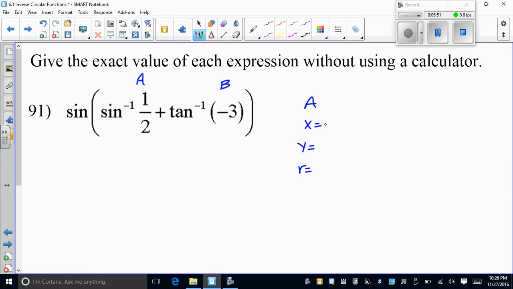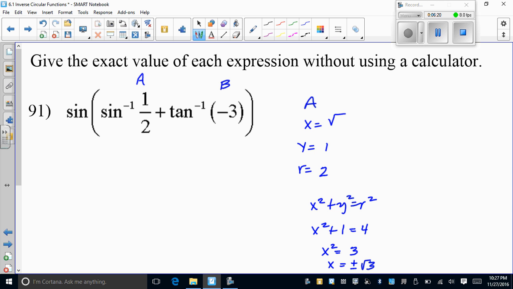The r is 2, y is 1, x squared plus y squared equals r squared, x squared plus 1 equals 4, so x squared equals 3, so x equals plus or minus radical 3. We will assume quadrant 1 unless they tell us otherwise.